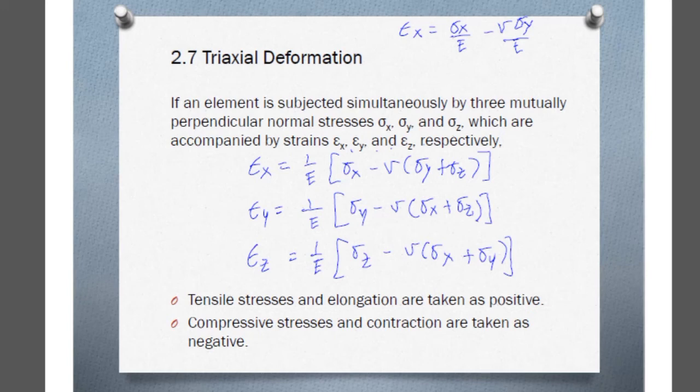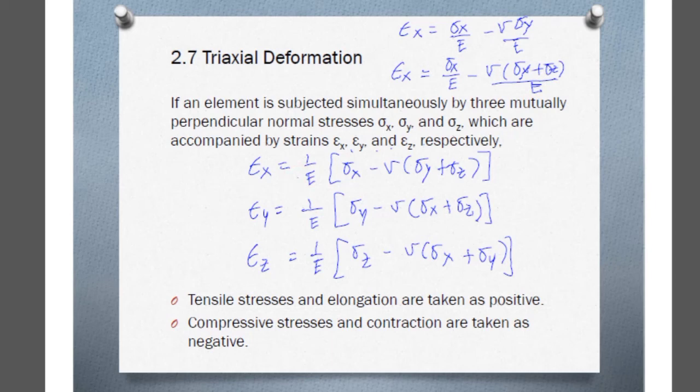So, pinagkaiba lang dito sa triaxial deformation is that nadagdagan ka ng isang axis. So, dito sa part na to, wala namang nagbago kasi that is the sigma X over E minus the Poisson's ratio. So, dito, nadagdagan ka ng isang axis. So, you have the Y and the Z here, of course, over E din to. And if you factor out the modulus of elasticity, you would have this formula.